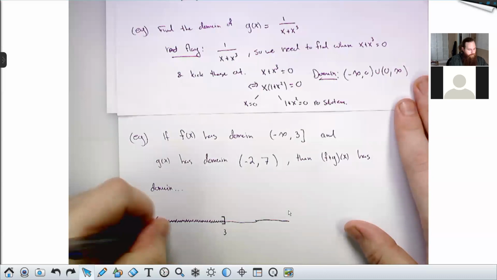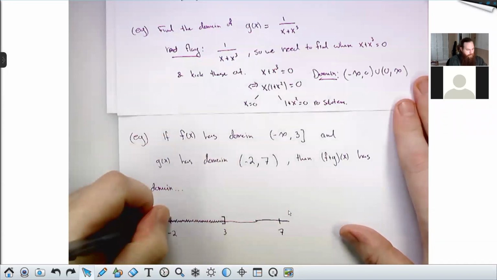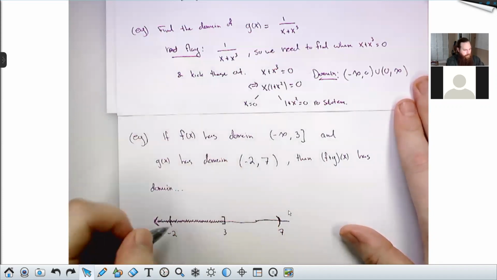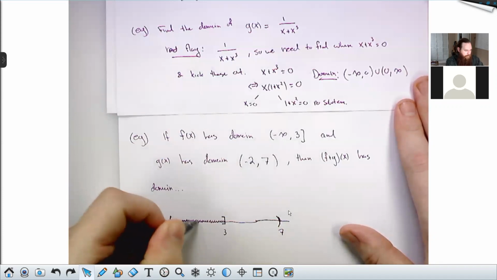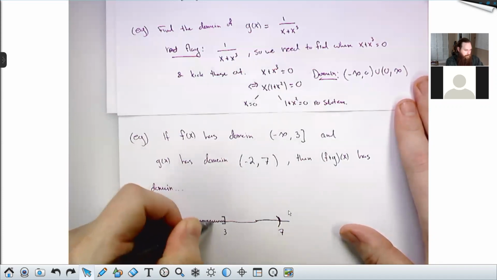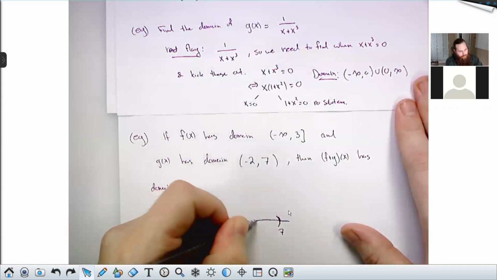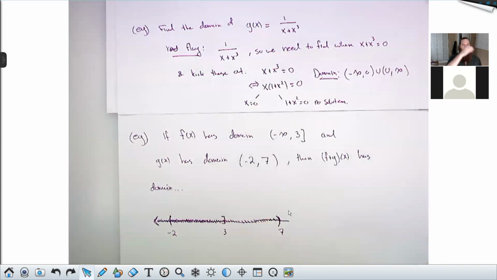Negative 2, I'll say maybe negative 2 is right here, and 7 is over here. So the domain of g of x, I'll shade this the other way. Looks like this.